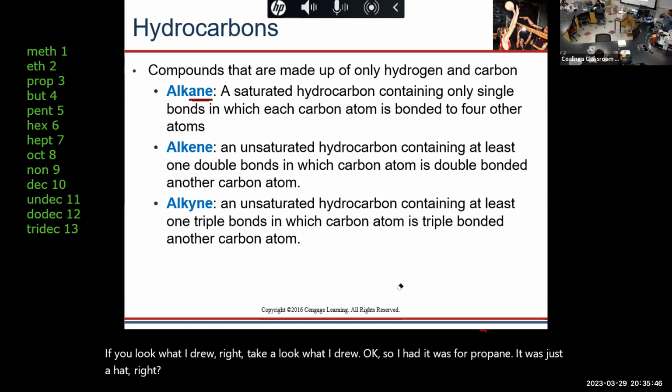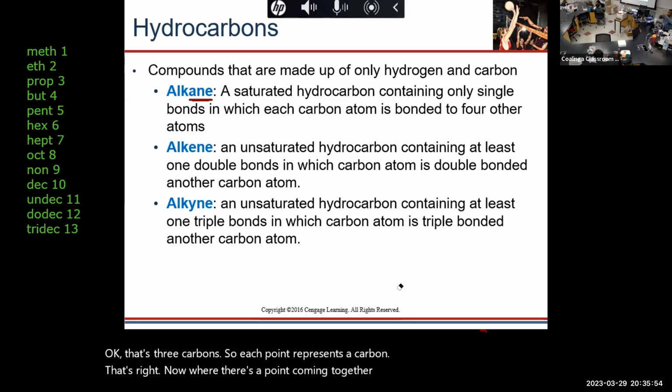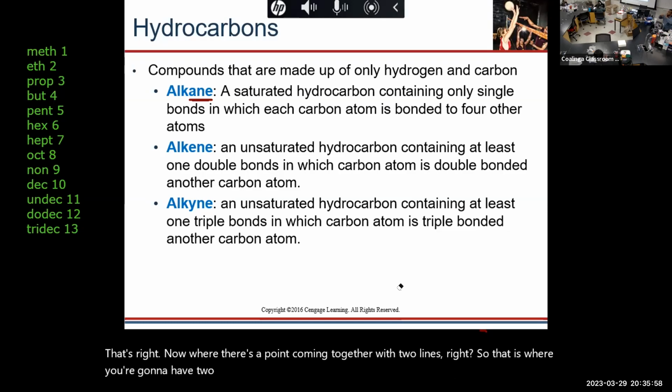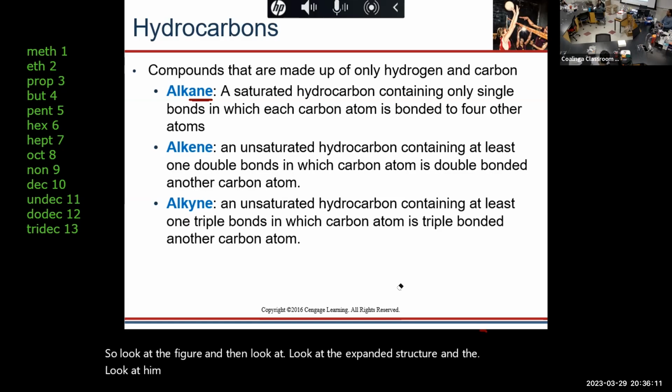That's 3 carbons. So each point represents a carbon. Now, where there's a point coming together with 2 lines, that is where we're gonna have 2 hydrogens in addition to that 1 carbon attached. So look at the figure and then look at the expanded structure. Okay, I think I got it.